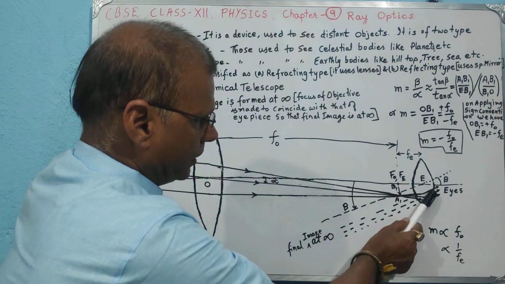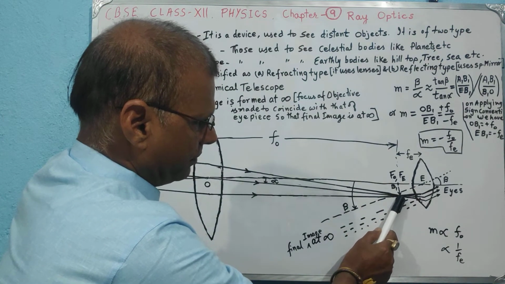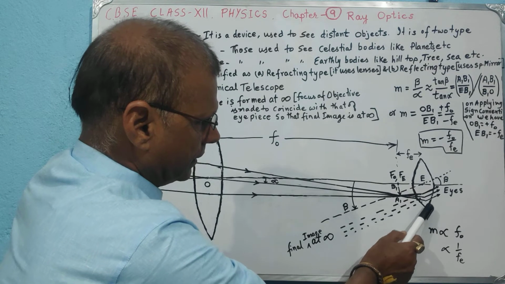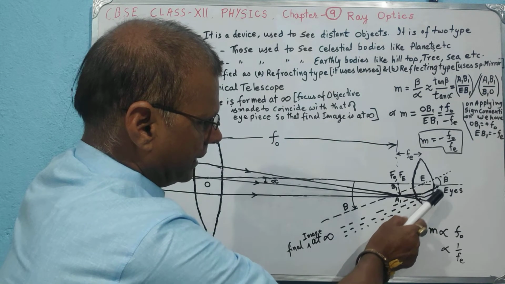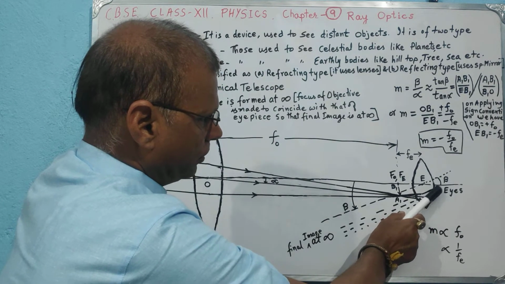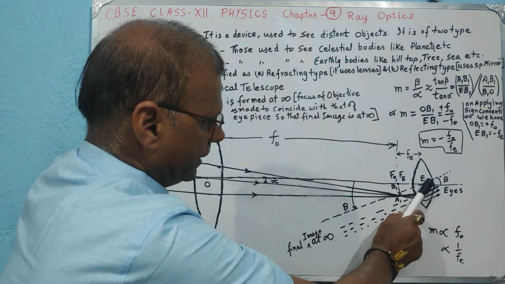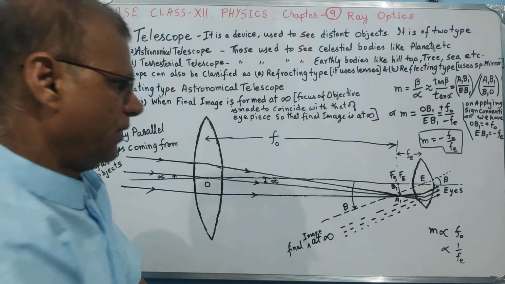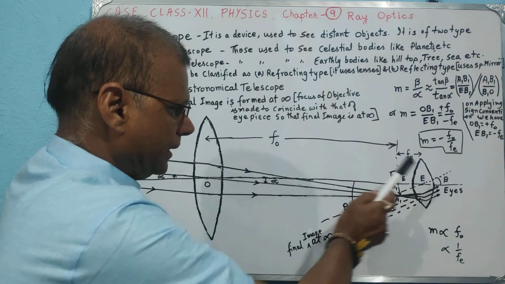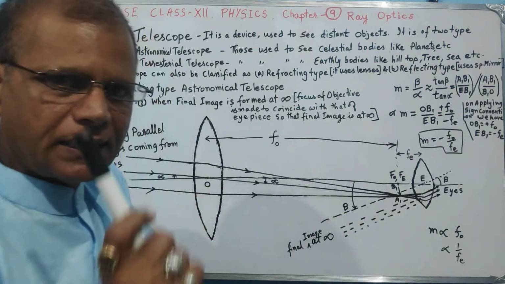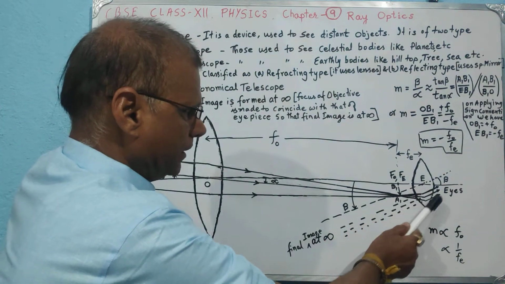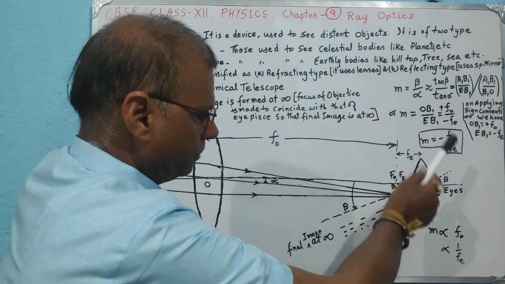And certainly other rays coming from A1 and passing through the lens, after bending in a particular direction, must be along the same direction along which the ray A1E is, because while the ray passing through the optical center will remain undeviated, other rays will be bending and all should be parallel.